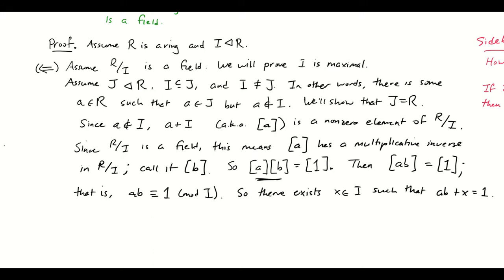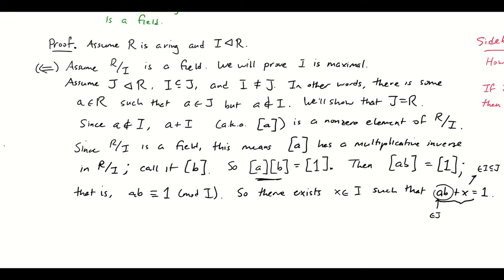That's what it means to be congruent modulo the ideal I. Okay, but then wait a minute. This x belongs to I, which is a subset of J. We assumed I was a subset of J. And this A times B here, we know that A belongs to J, and therefore any multiple of A belongs to J.